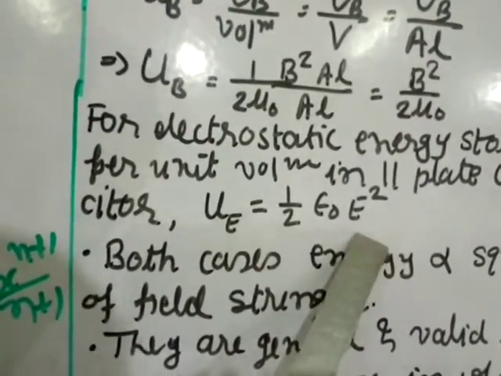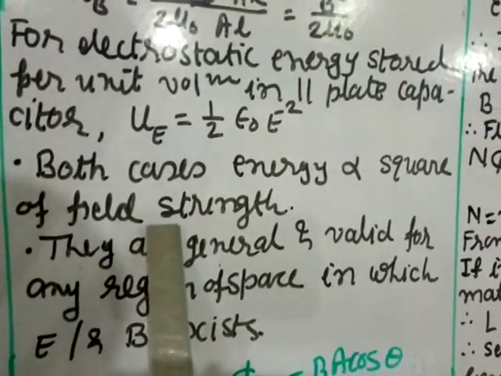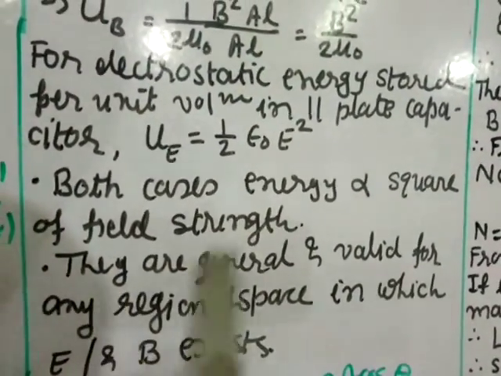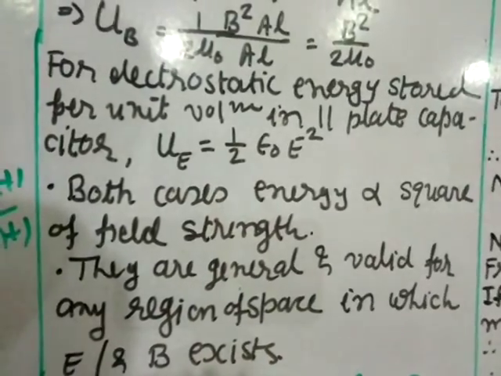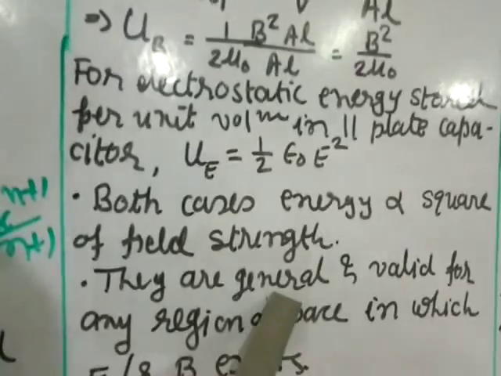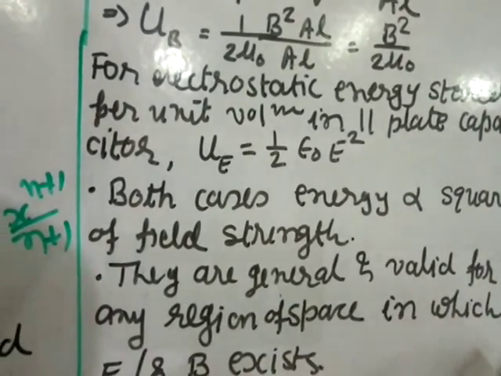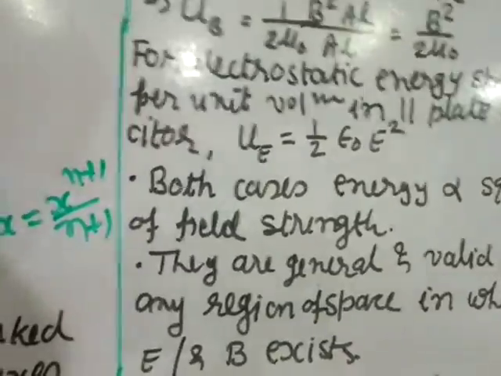Here B, here E. So in both cases energy is proportional to the square of the field strength. These are proved for a capacitor and a solenoid, but they are not particular cases. They are general and valid for any region of space in which E or B exists. Okay, so we shall keep this much. Thank you very much.